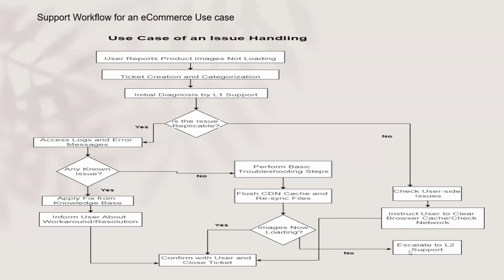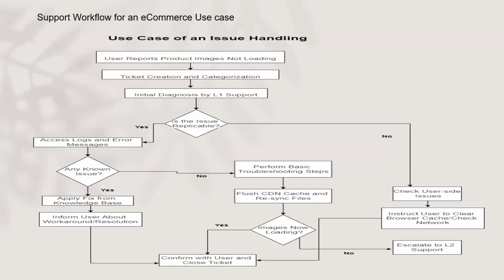And if the images are still not loading, then escalate to the L2 support team. And here, if the issue is not replicable, then check user side issues. So here also there are going to be different logs that are specific to the user. Let's say they go to the user specific logs and check what has happened, and what actions the user has taken.